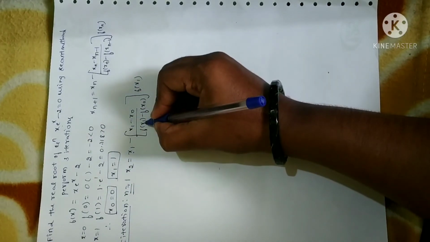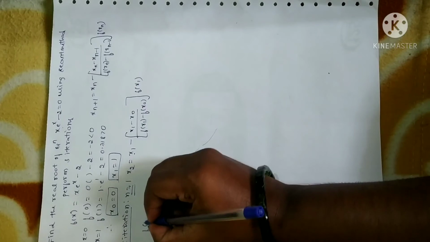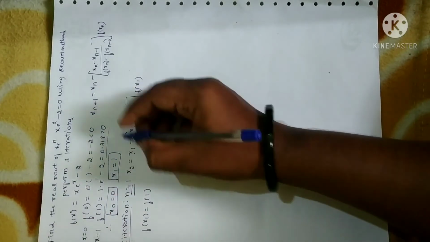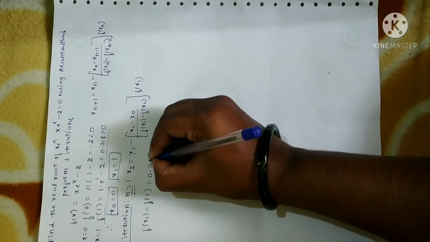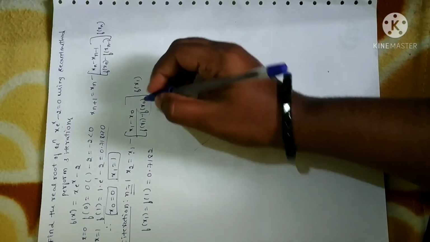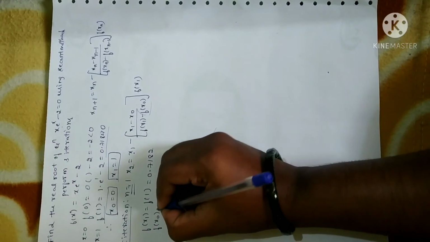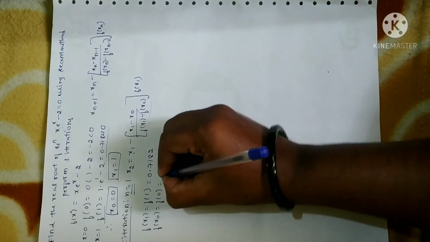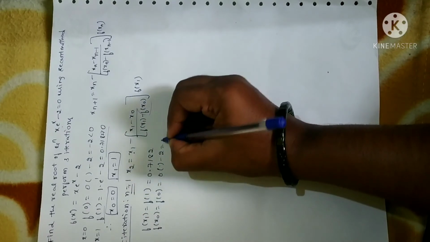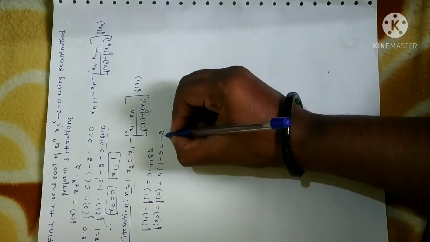I have to find f of x1, f of 1 value. It is already solved: f of 1 is 0.7182. Clear? And f of x0 means f of 0. 0 into anything will be 0, so minus 2. That will give you minus 2. So f of x0 value I also have.